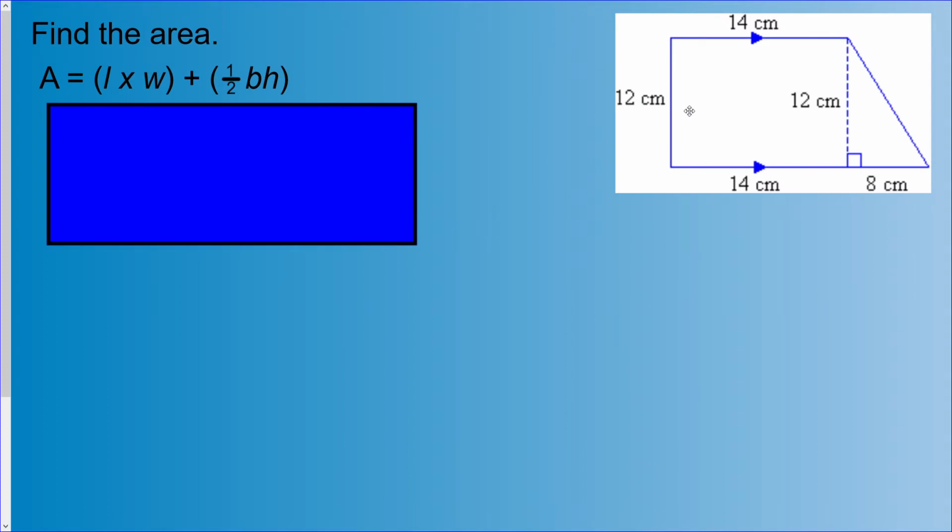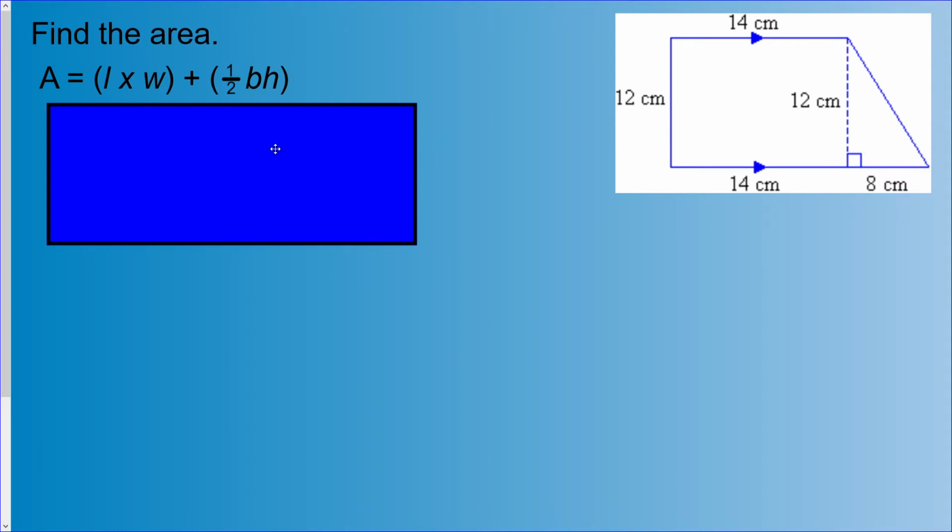So on this particular shape, it's fairly straightforward how you would want to divide this. In our case, we're dividing it into a rectangle and a triangle. Length times width is the area of a rectangle, and then 1/2 base times height is the area of a triangle.